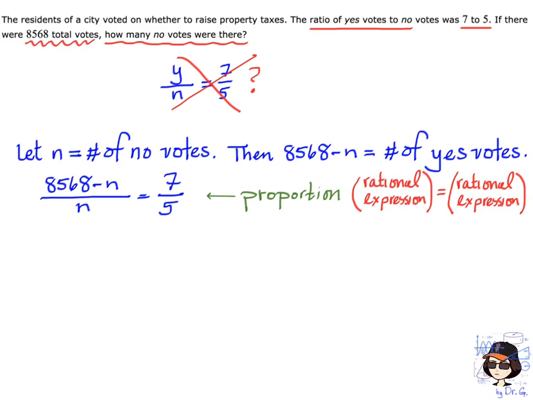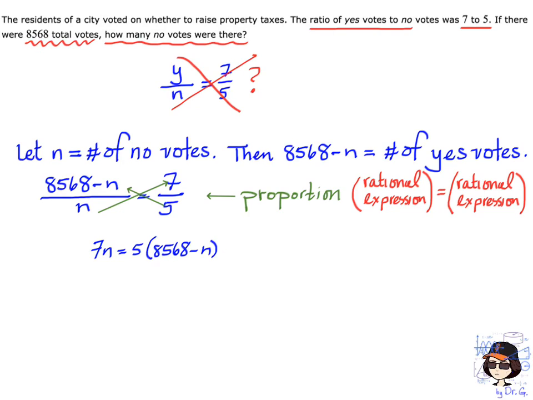So let's see how cross multiplication works. What you do is you multiply the denominator of one side by the numerator of the other side, and vice versa, and set them equal to each other. So we would have 7 times n equals 5 times 8,568 minus n. That's the cross product method, and that only works on proportions, not other types of rational equations.